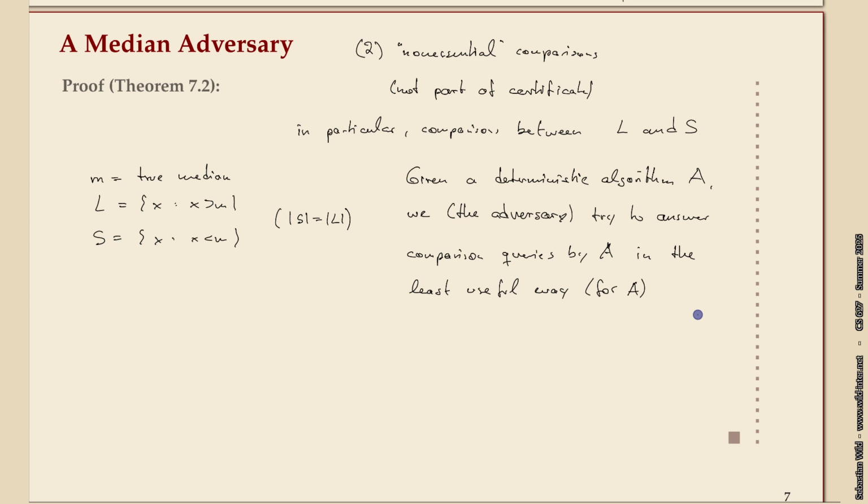In the specific case here, what we do is we maintain the elements of the input in three sets. Two will be S and L, where we've committed that this element will eventually be smaller than the median.